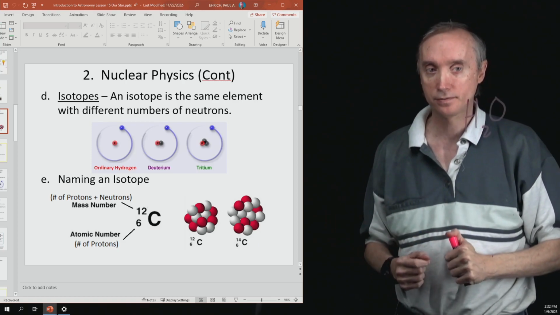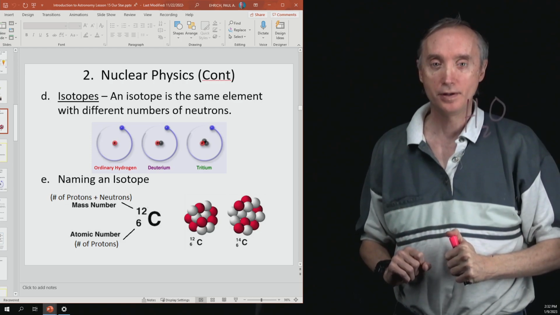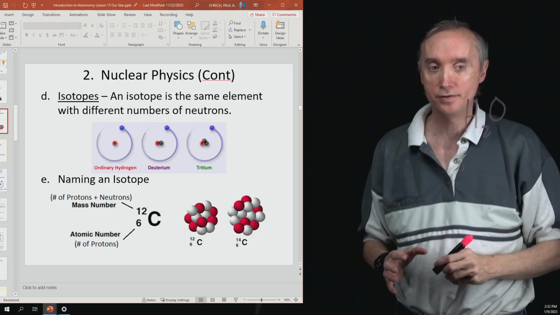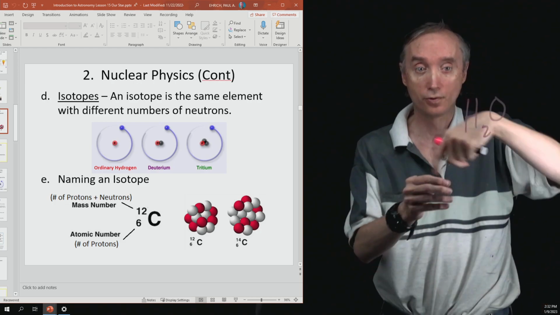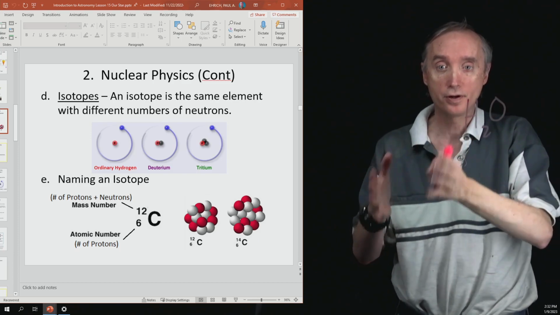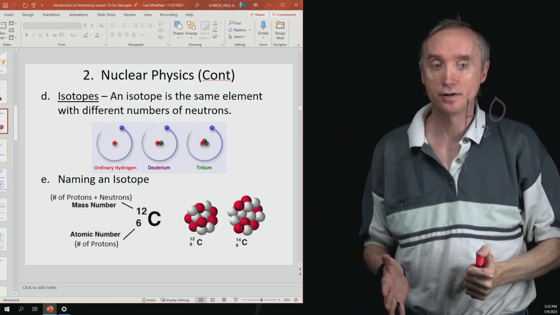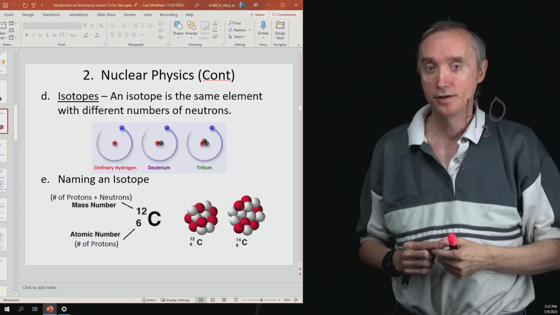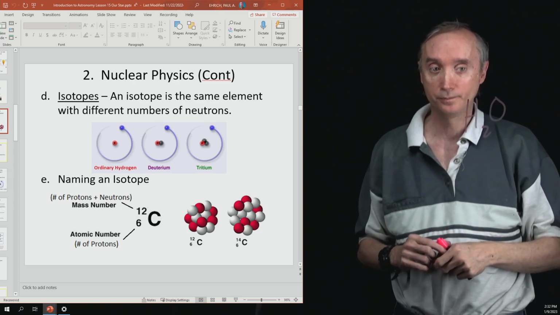How would they taste? They would taste identical because the chemical properties are going to be based on the electrons that are in orbit around those nuclei. And so ordinary hydrogen and deuterium are going to have the same number of electrons, one electron. So chemically, isotopes are going to be the same.